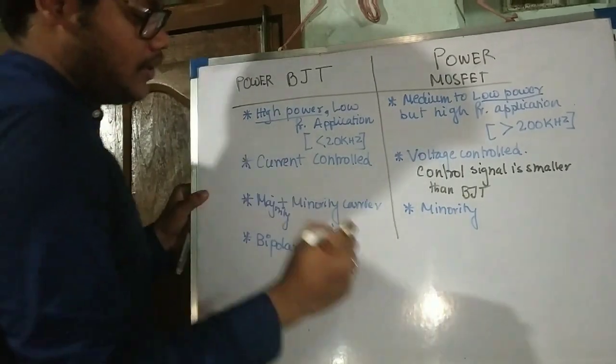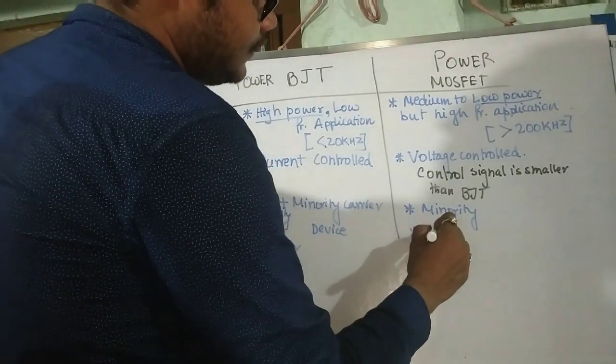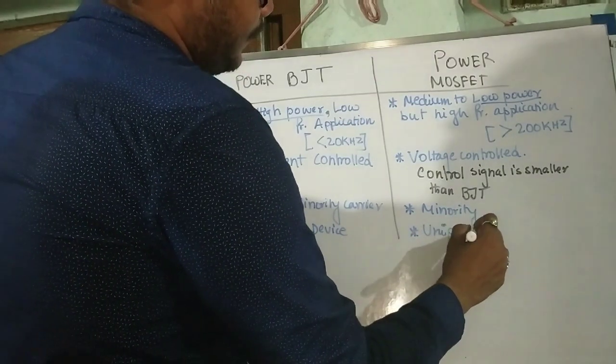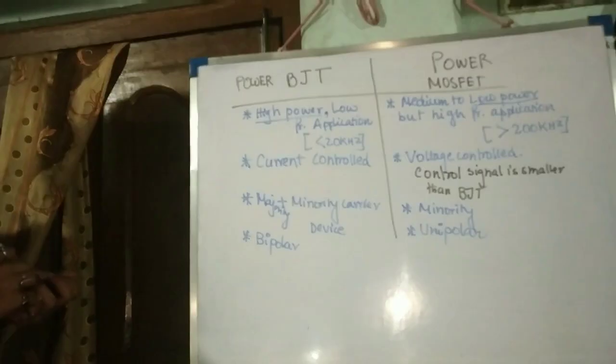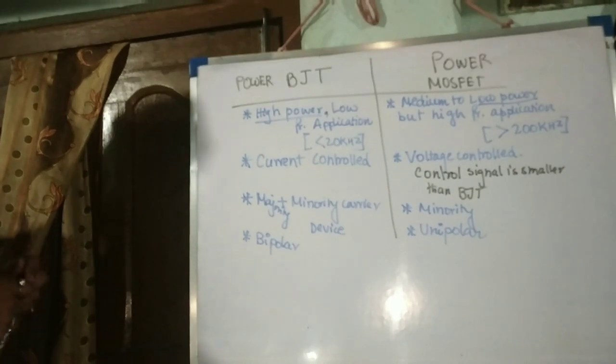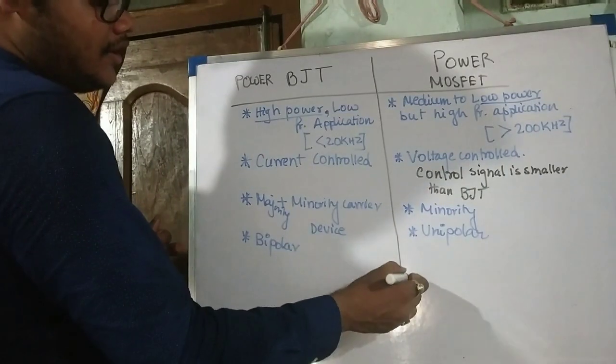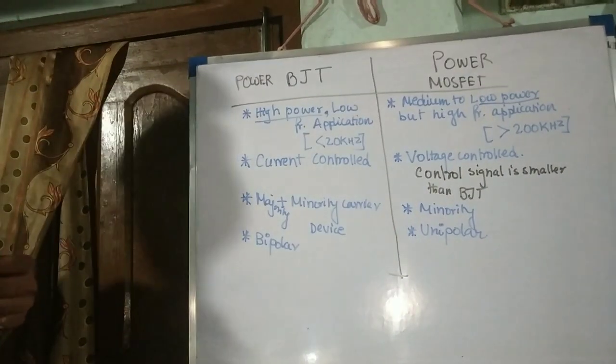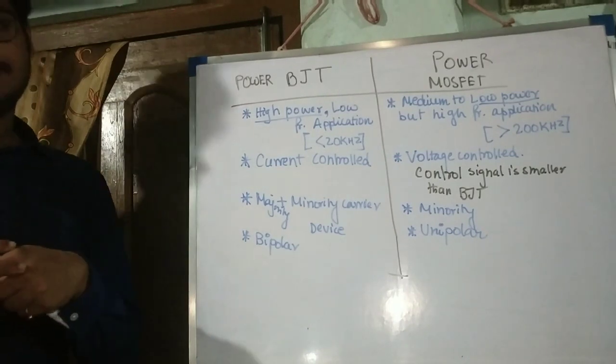Power BJT is bipolar, but power MOSFET is unipolar. So these are the major differences of power BJT and power MOSFET.